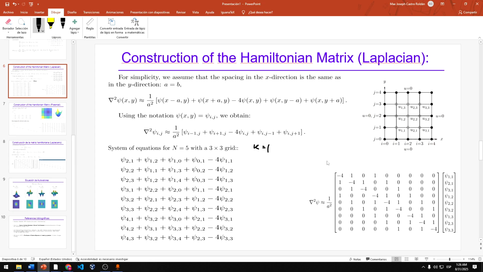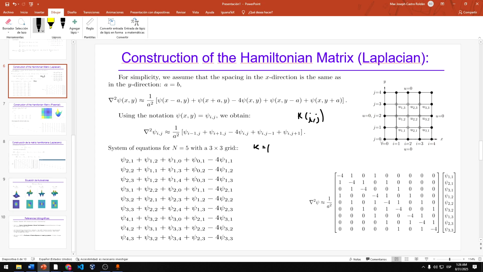Este k tiene que depender tanto de i como de j, para que al momento de ir variando estos i's y j's obtengamos relaciones y obtener de manera simétrica estos unos, y lo restante, si no se cumple la condición, va a ser 0.